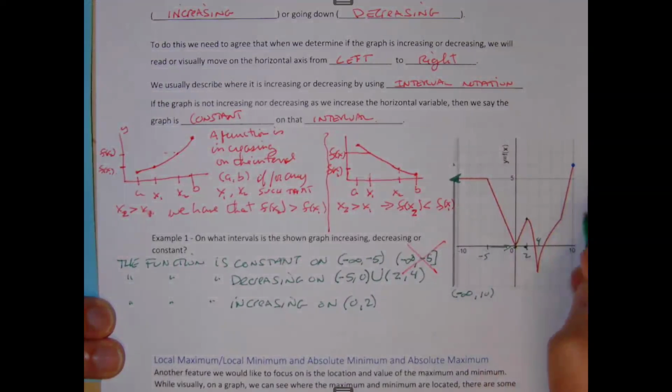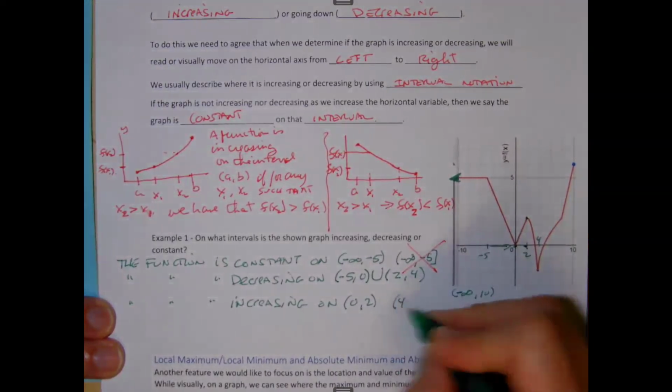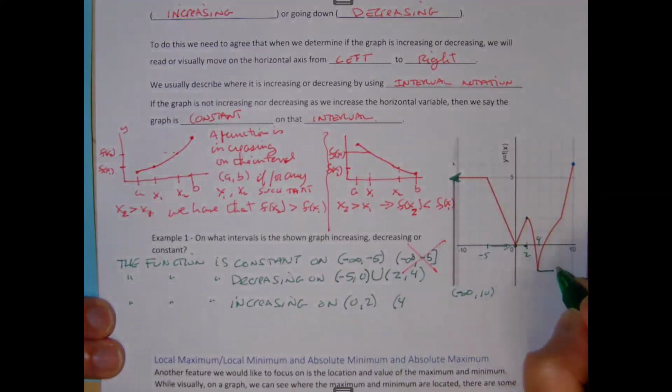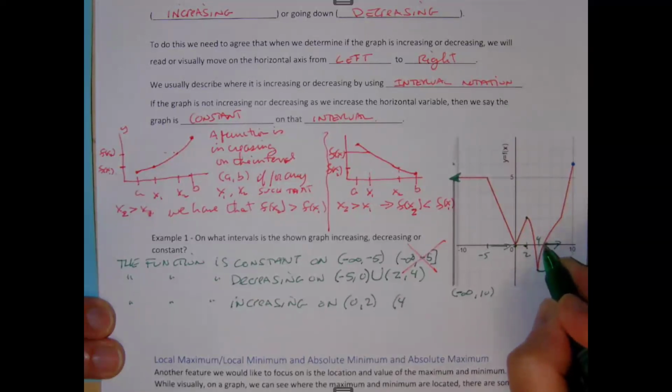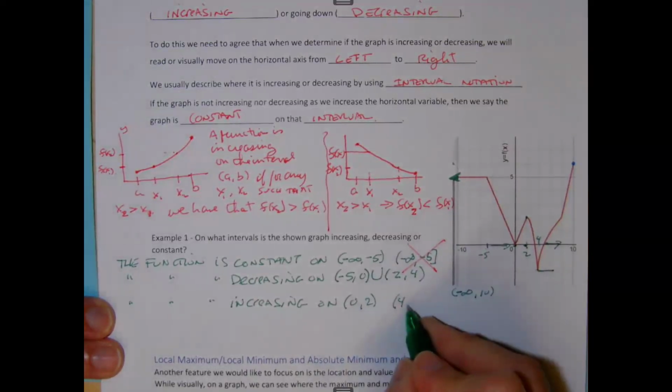They're increasing. Where else? Well, right here as well, starting at 4. As I'm reading from left to right, starting at 4, and then going up, up, up, up, up. I reach this bump, but I continue to go up. And in fact, I continue to go up until I reach 10, and then it stops.